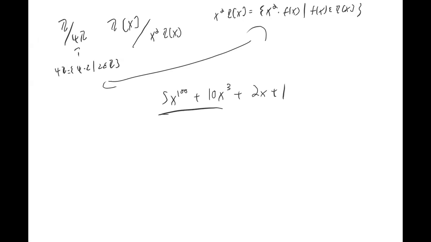Agree? Because I could write this as x squared times 5x to the 98 plus 10x, and this is an element, so we could call this I if you like. Does everyone agree on this?